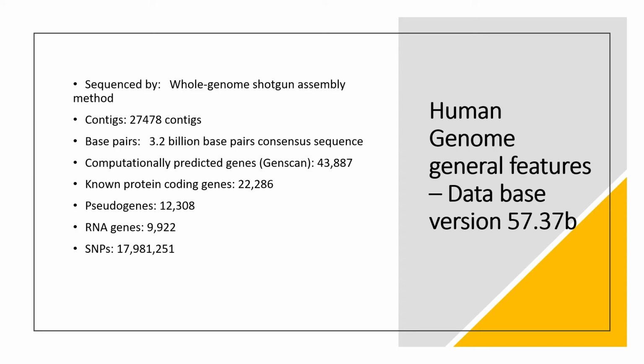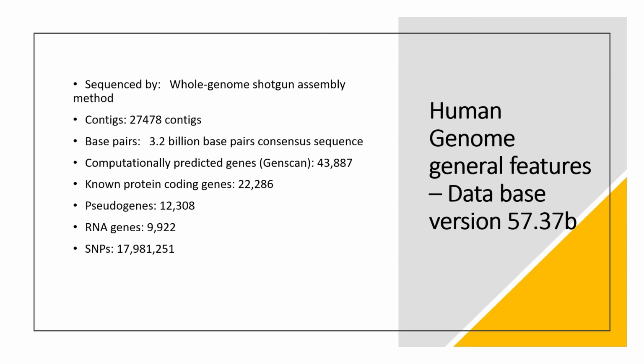This is one tool which we may use later on, that predicted that there are 43,887 protein coding genes, and then the known protein coding genes, which are experimentally validated and which are the key genes known as well, are 22,286. This number changes as the science progresses, but commonly we say 23,000 protein coding genes.